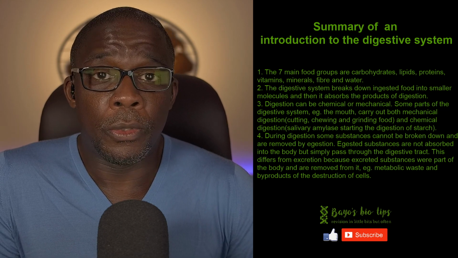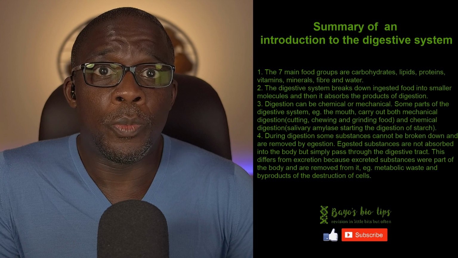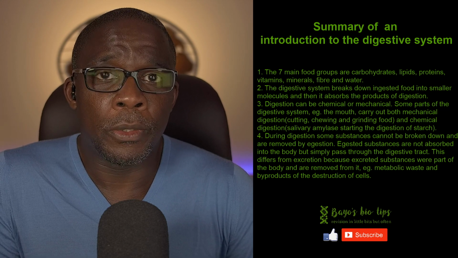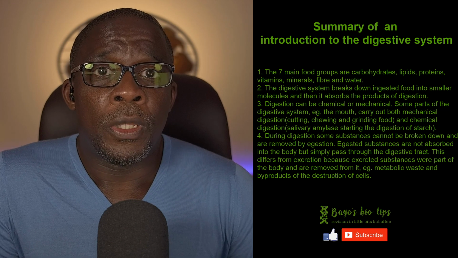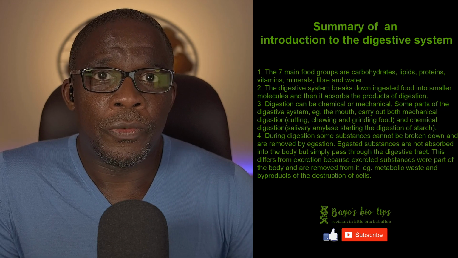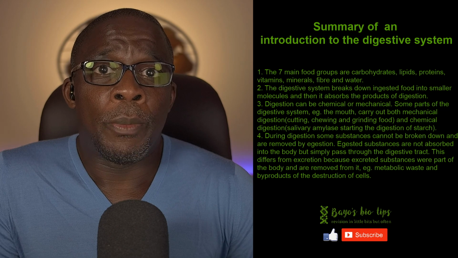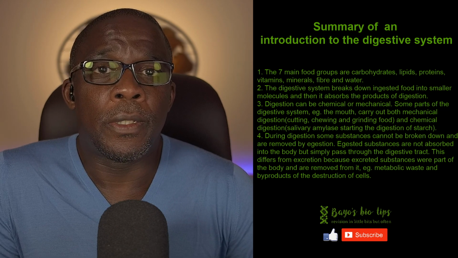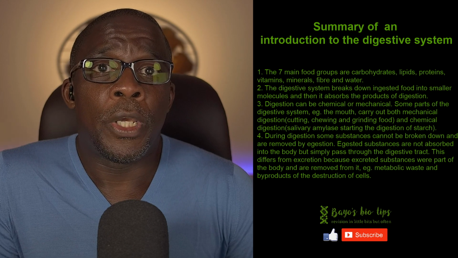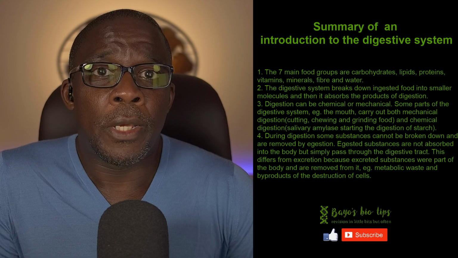Some examples of structures that do both mechanical and chemical digestion are the mouth and the stomach. In the mouth, the cutting, chewing, and grinding of food is mechanical. And then you also have the amylase in saliva, which starts the breakdown of starch.